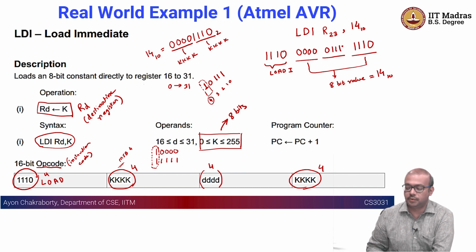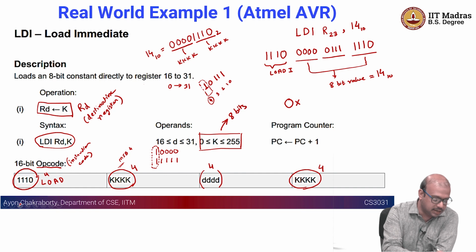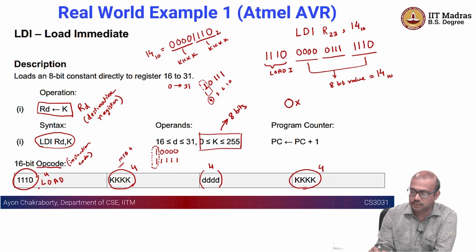Okay, so if you think of the 16-bit word or the opcode in machine language, because it is hexadecimal, I am going to specify this in hexadecimal format, 0x. Now let me write the binary values. So load, as you can see, you have the first most significant bit is 1.